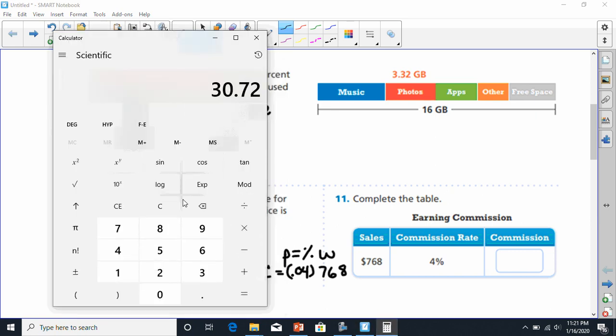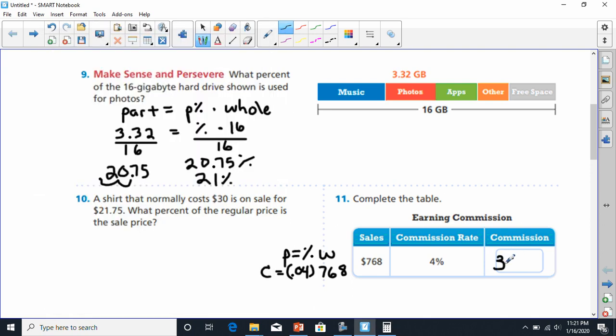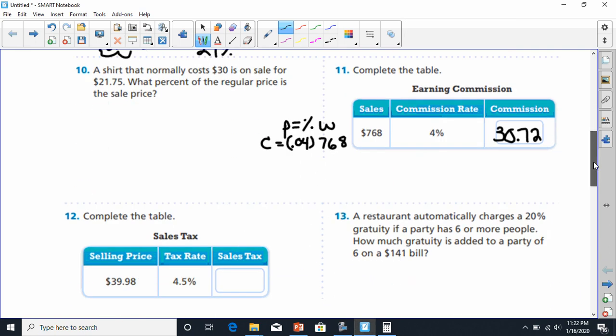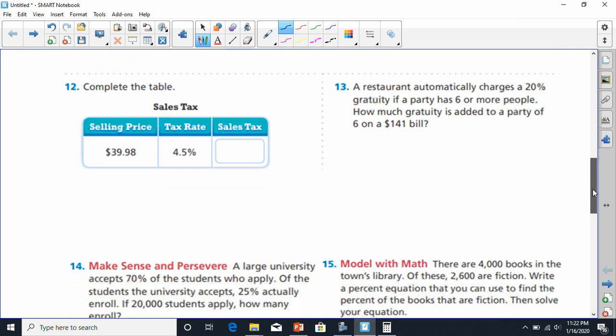And if I multiply 768 by 0.04, I get 30.72. That means you'd make $30.72. All right, let's move on. Ready for number 13.